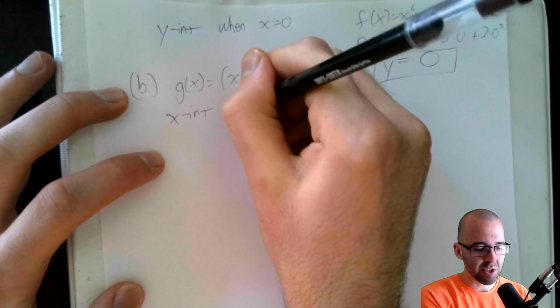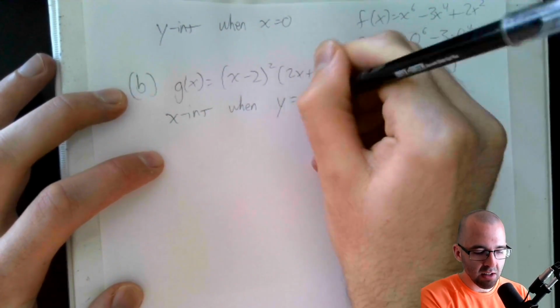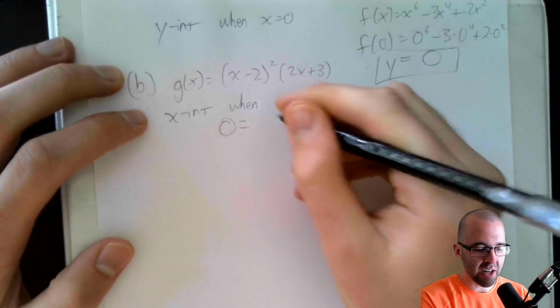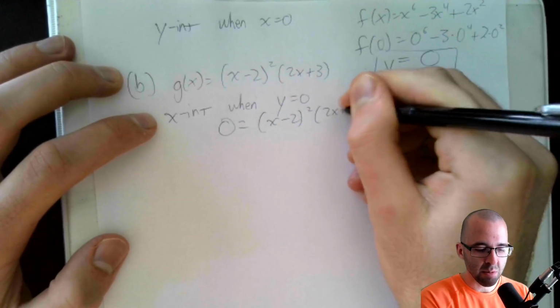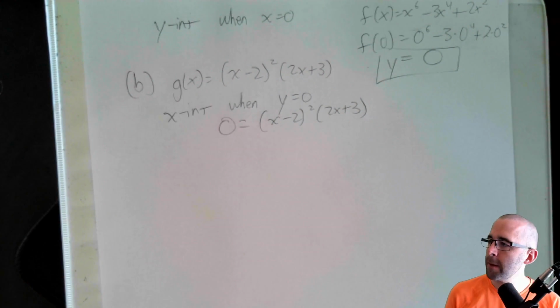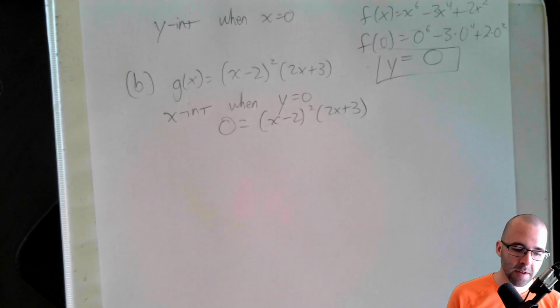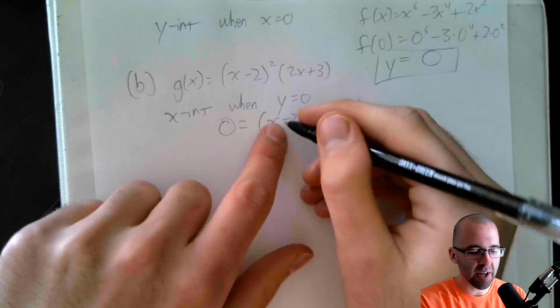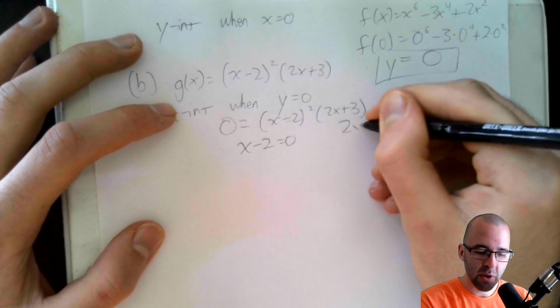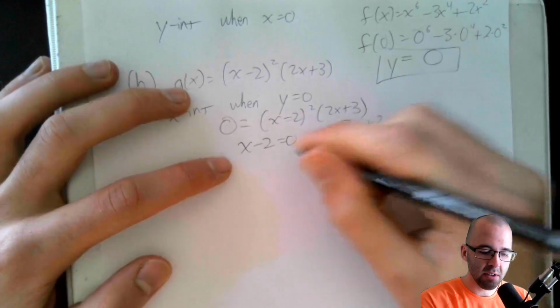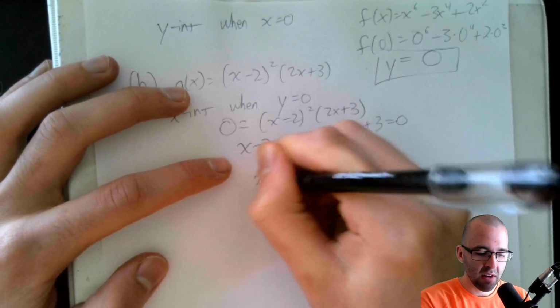X-intercept is when y is 0. So that's the solution to this equation when y is 0. When is 0 equal to x minus 2 squared times 2x plus 3? Okay, and you know how to solve that. That's when x minus 2 is equal to 0, and when 2x plus 3 equals 0. You just solve these equations.